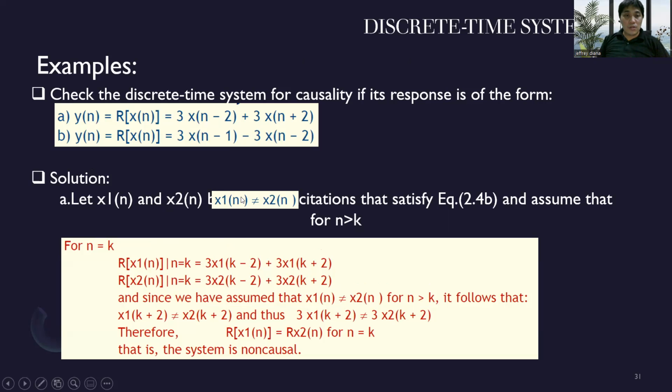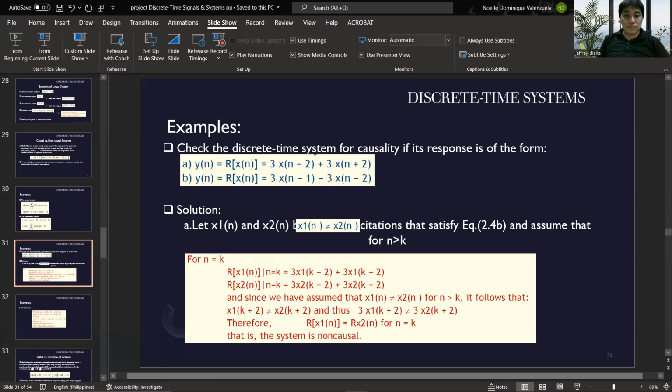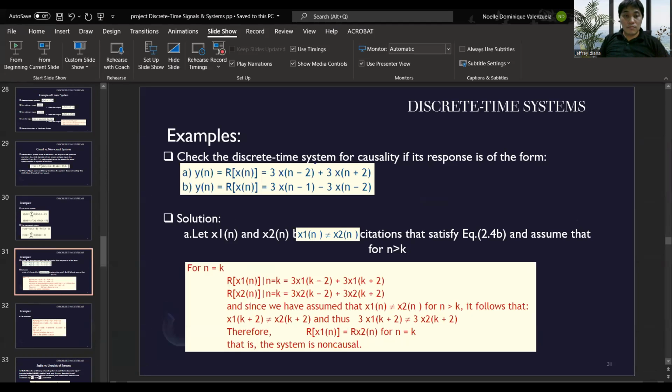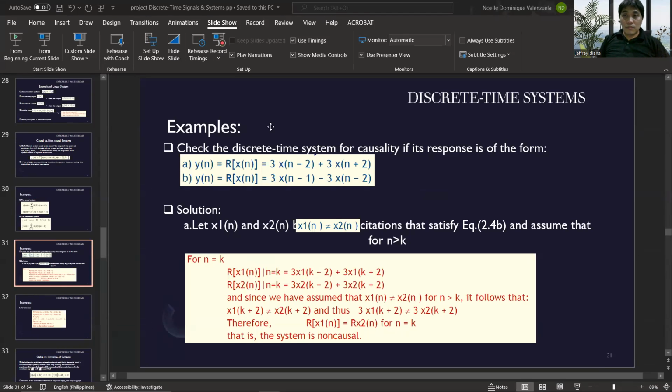For the solution, let's solve it on the whiteboard.